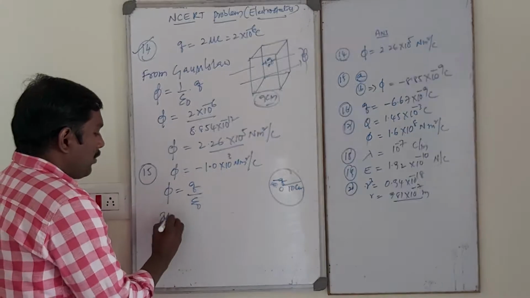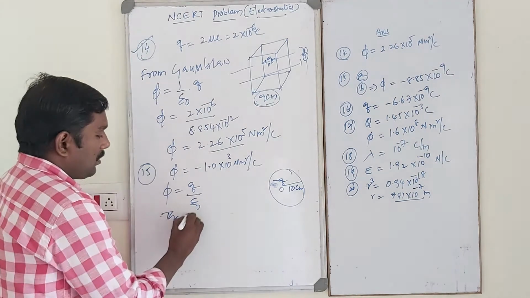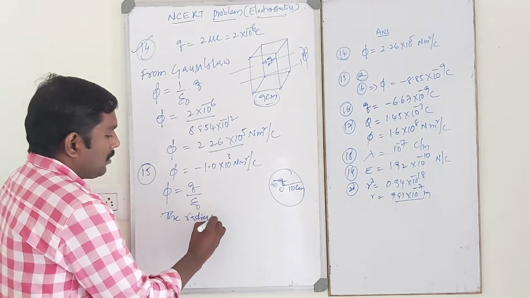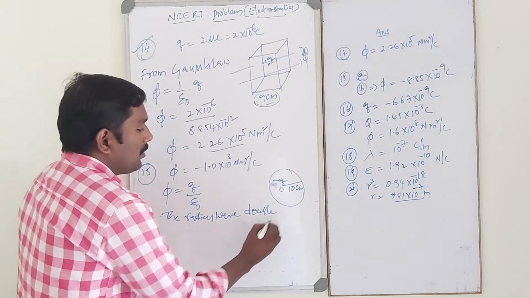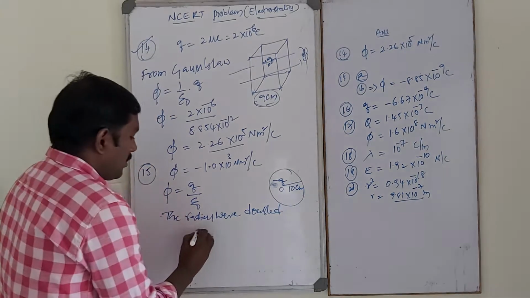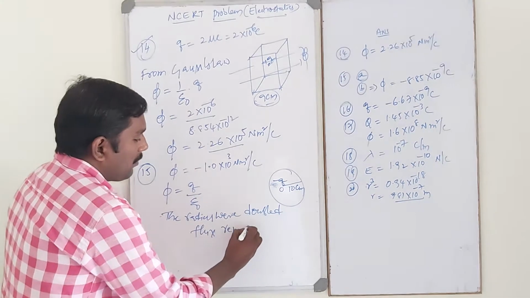If the radius were doubled, the flux remains the same.